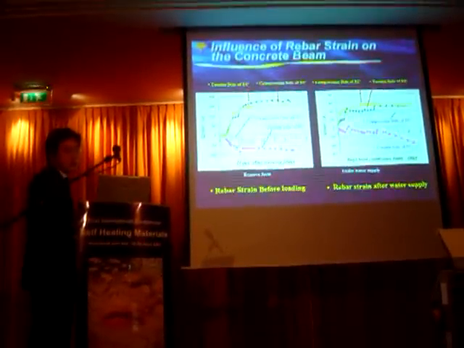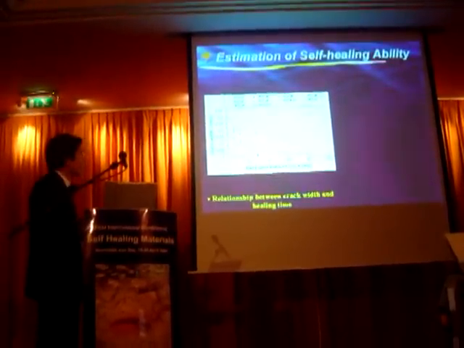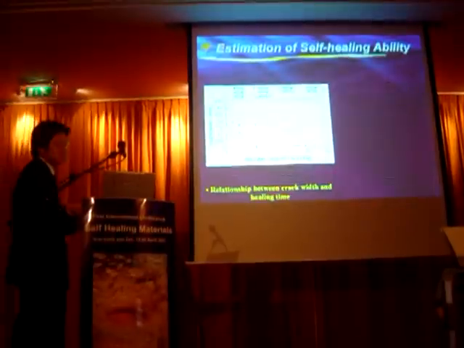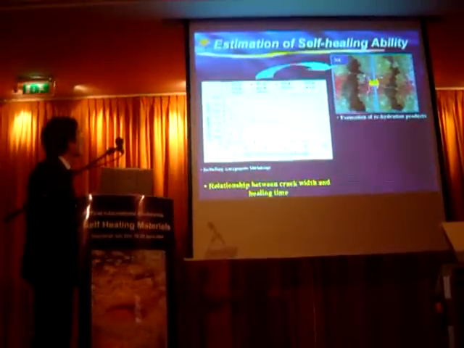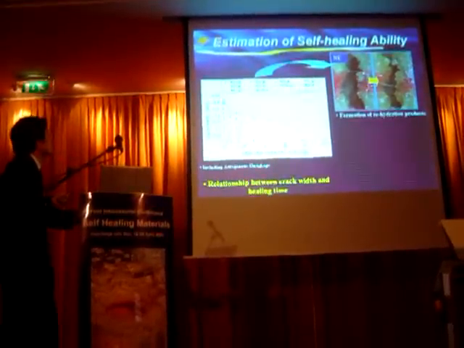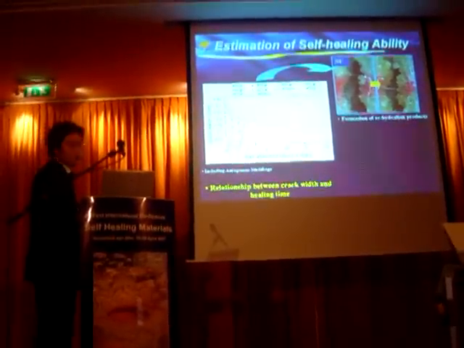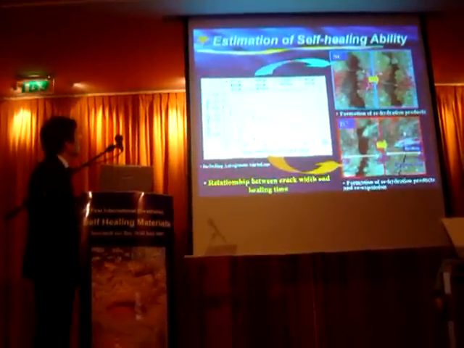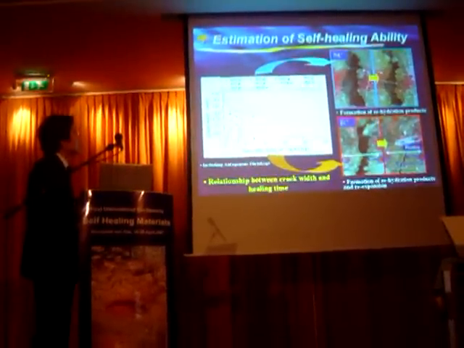And then we also investigated the relation between crack width and healing, like this. The blue line is the crack width of the normal concrete beam at the low water-to-binder ratio, and the red line is the crack width of the expansive concrete at the low water-to-binder ratio.